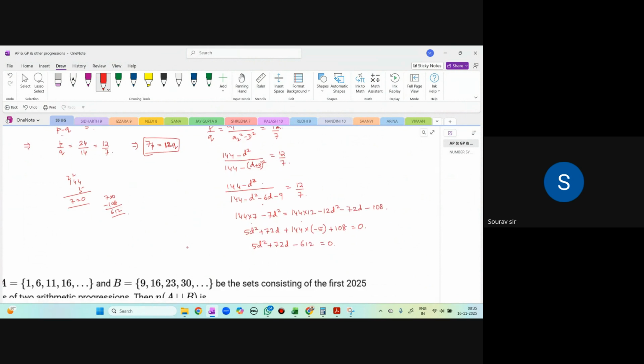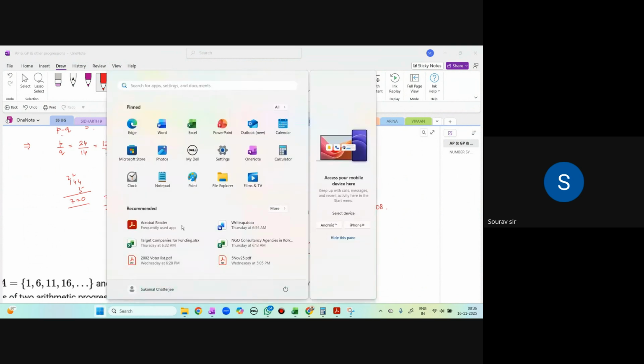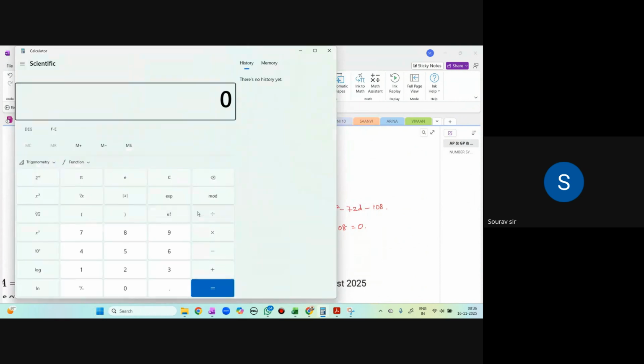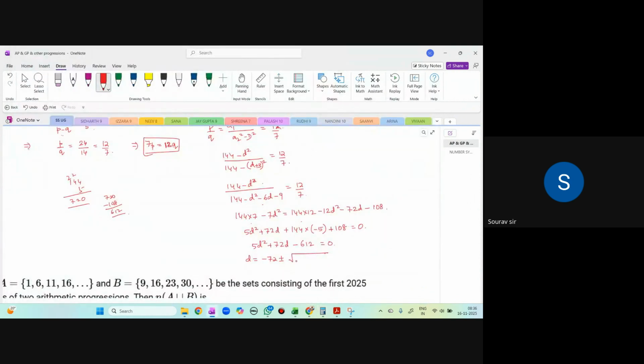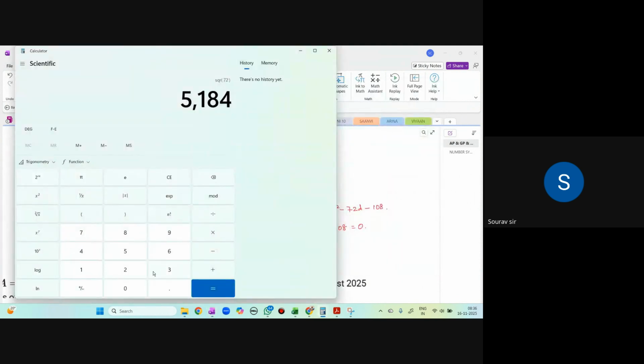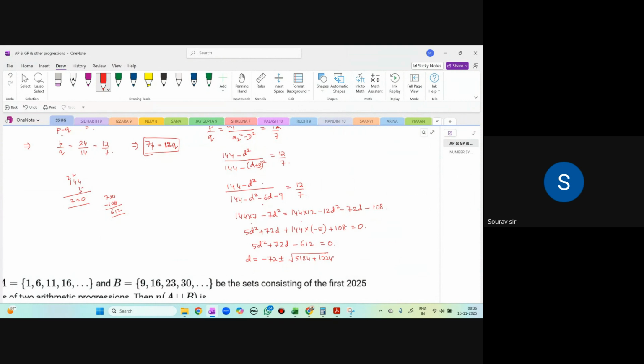So D would be minus 72 plus minus square root of 72 square, which is 5184, plus 20 into 612, which is 12240, by 10.